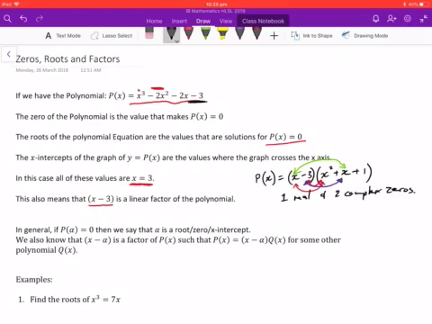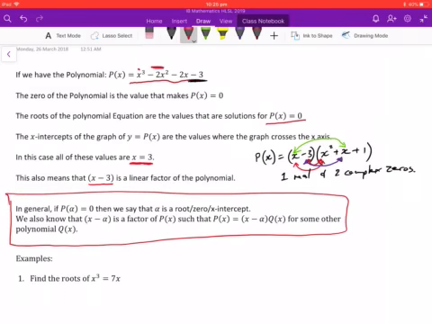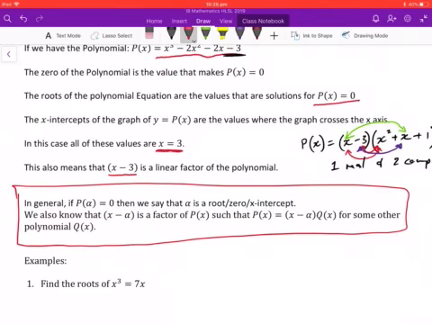So in general, we come down to this, which I'll put a box around. I'll zoom into it. In general, if p of alpha is equal to 0, then alpha is a root if it's an equation where p of x is equal to 0, or a zero if we're talking about the polynomial itself, or if we're talking about the graph y equals p of x, then it is the x-intercept alpha.